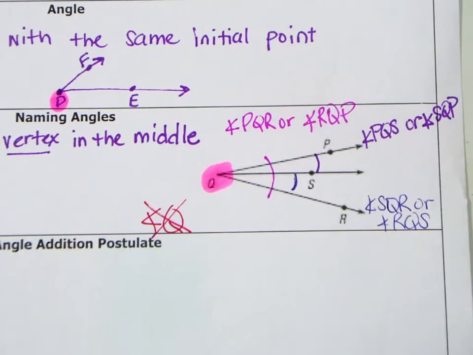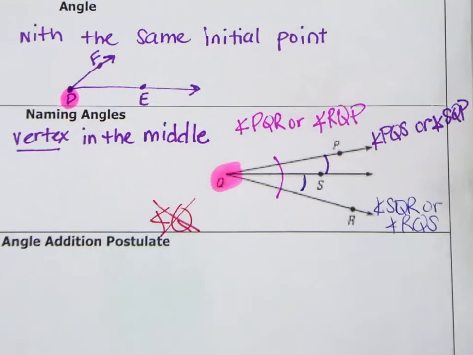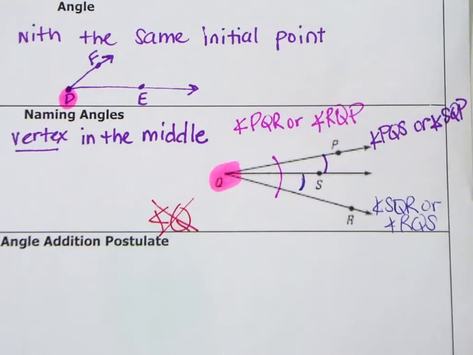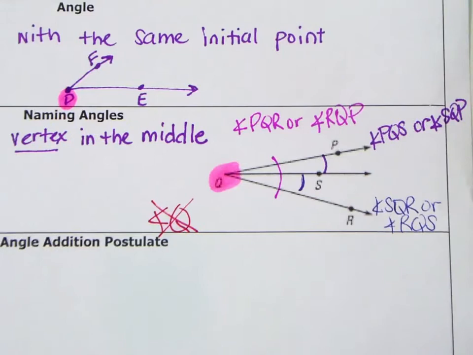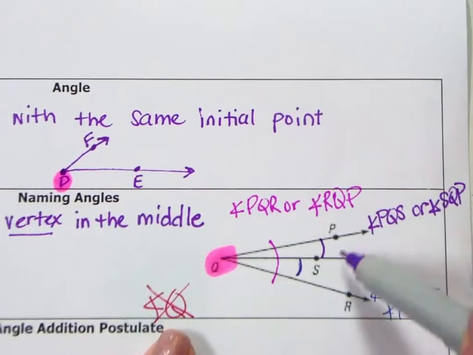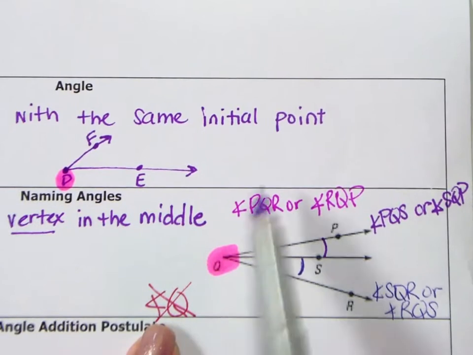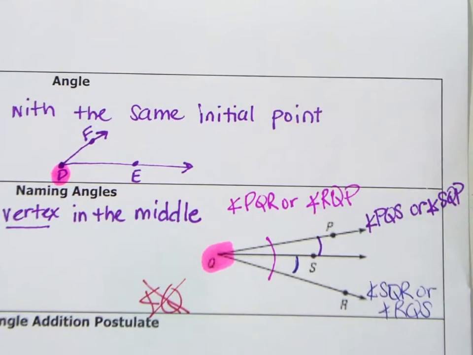If you just say angle Q and you're using this picture, I have no idea which of those three angles you're referring to. In the other picture, there was only one. But here, because there are three angles in that picture, I cannot just use that vertex letter. I have to be more specific.